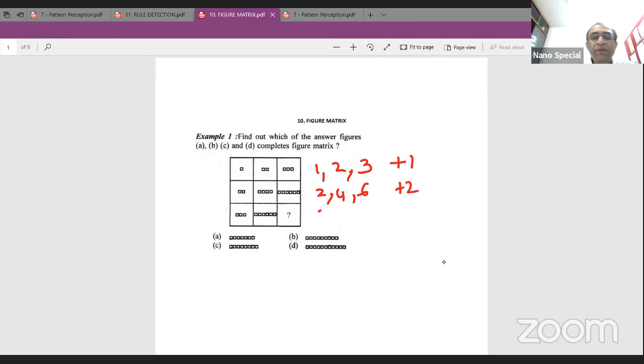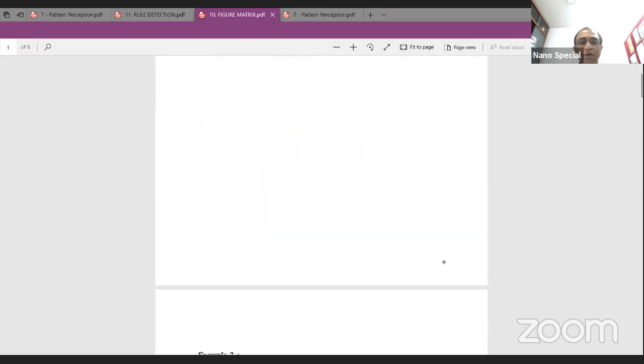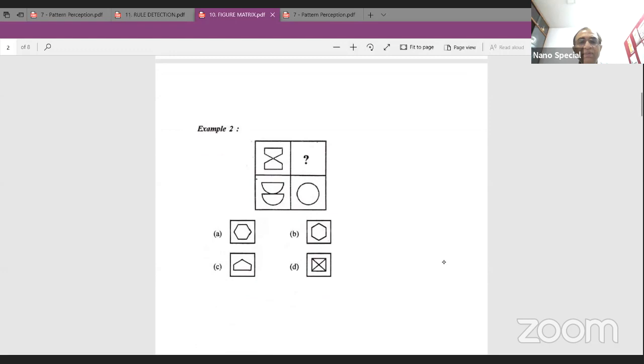Here what's happening? 3 and then 6. 3 followed by 6. So we can expect the increment to be +3. So next one will be 9. All right. And on that basis, your answer is B. Okay. Answer is B. So basically you see some logic there and try to answer questions on the basis of this logic. All right. So let's look at this.